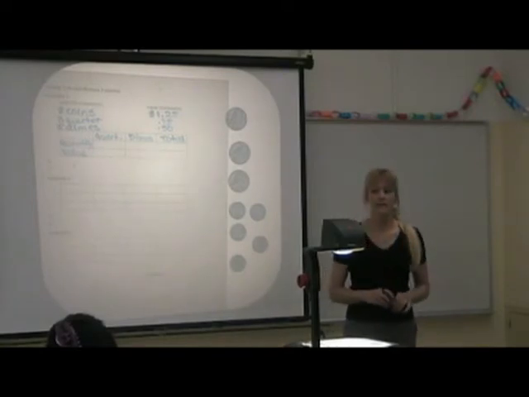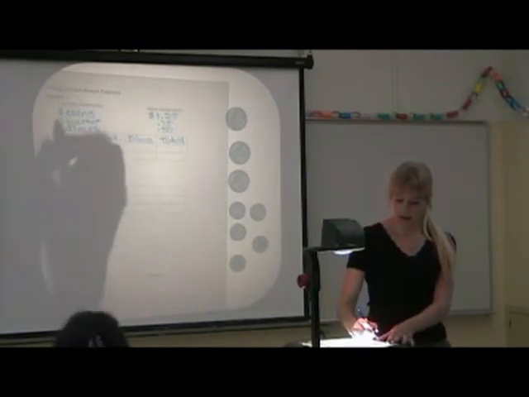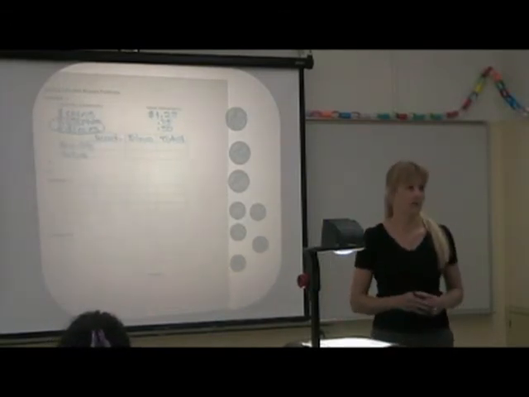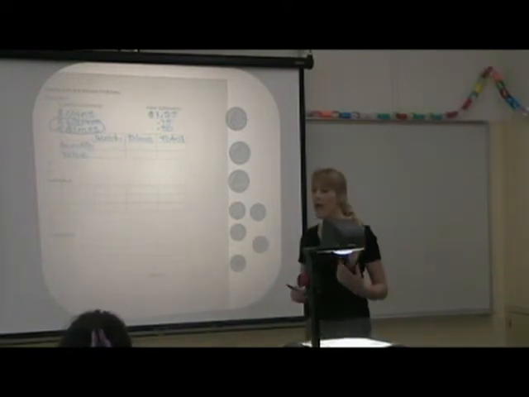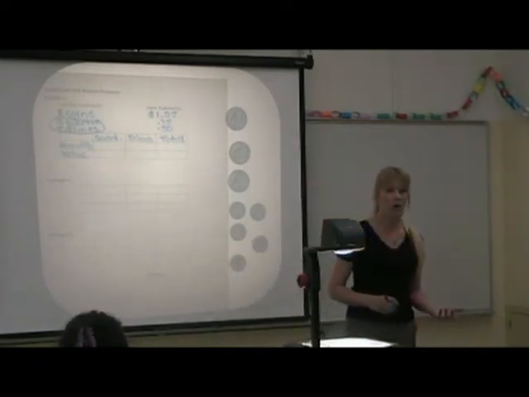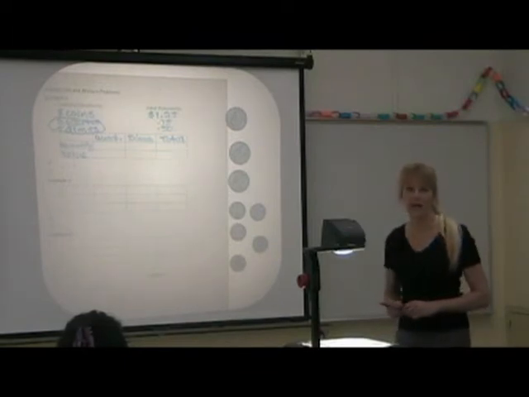For word problems that have coins, this is usually the answer to the question. The question is usually how many dimes are there, or how many quarters are there, or how many of each coin is there. So we already know what the answer is.